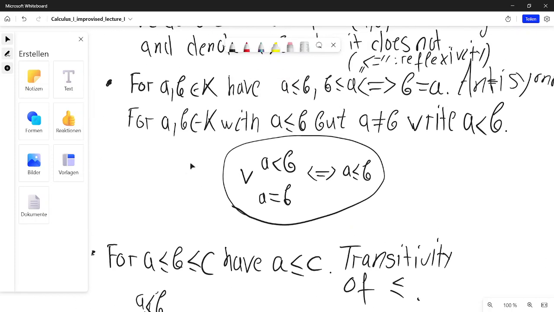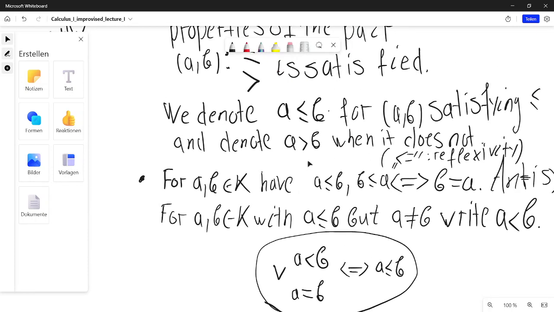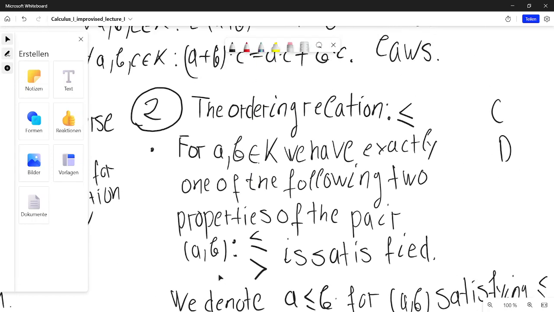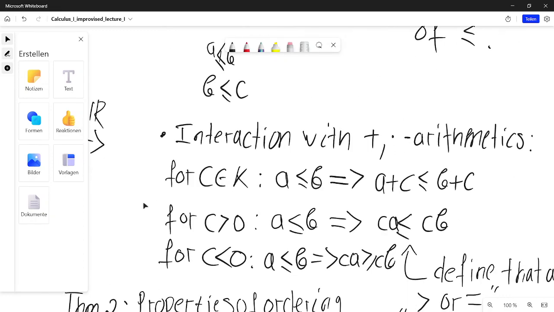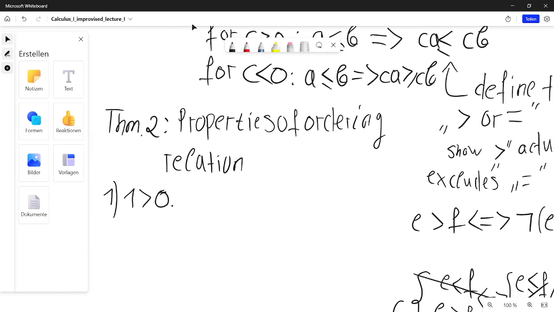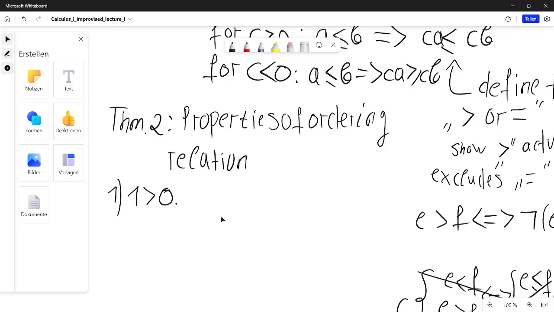I'm just trying to understand if we got everything, and I think so. I think everything that we had to really assume we got. So let's try to prove something that we really would like to have, right?